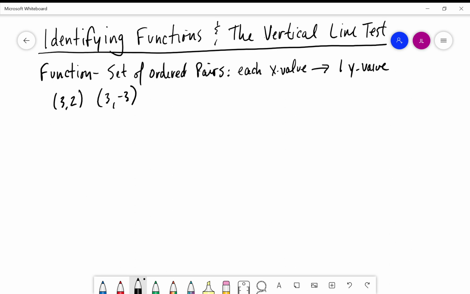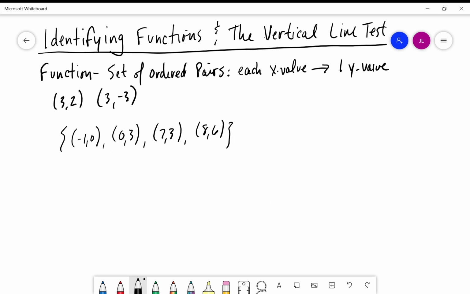Now, if we want to say whether a relation is a function or not, we can look at ordered pairs. We could have something like (-1, 0), (0, 3), (7, 3), (8, 6).